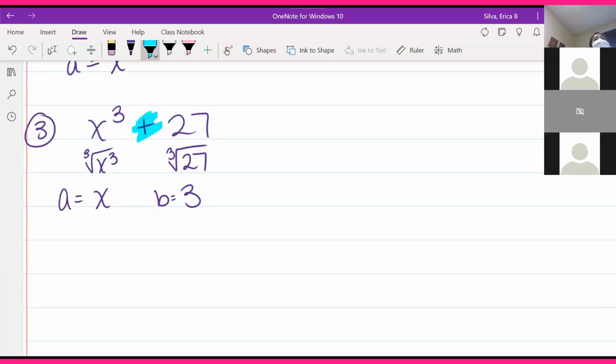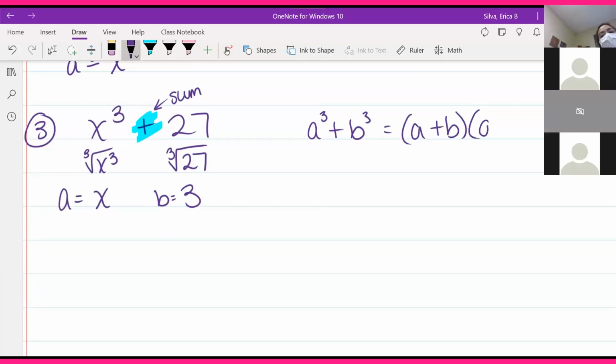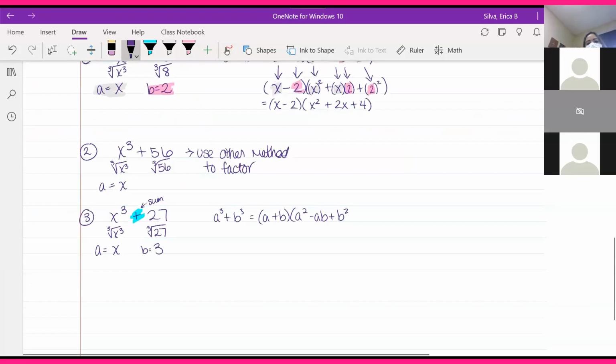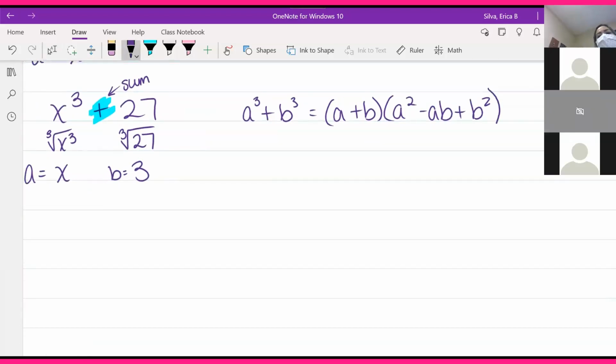So let's look at the sign in between those two terms. Are we going to use the sum or difference of cubes? We're going to use the sum. The sum of perfect cubes is A cubed plus B cubed equals A plus B times A squared minus AB plus B squared. Let me double check that. Okay. Once we're here, all we have to do is substitute.